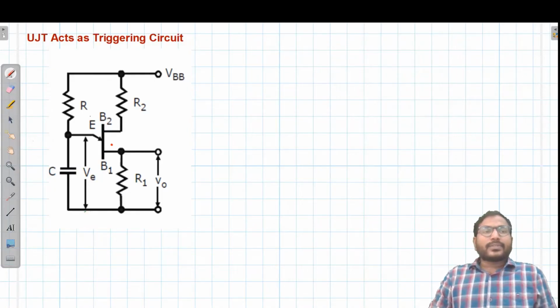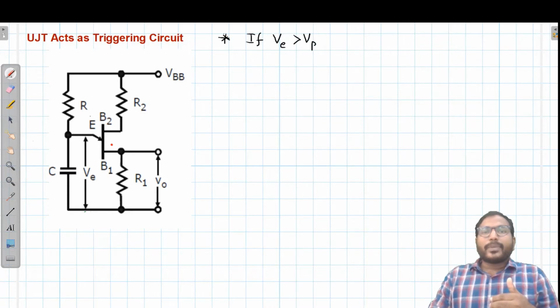Students, in this lecture we are going to discuss how the UJT acts as a triggering circuit. In the last lecture, we discussed the VI characteristics of the UJT, and from them we concluded two important points. First, if the emitter voltage is greater than the peak voltage, the UJT will turn on.